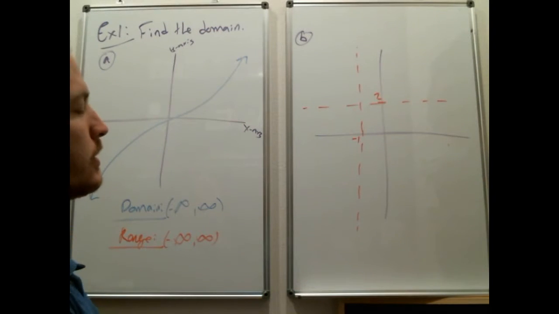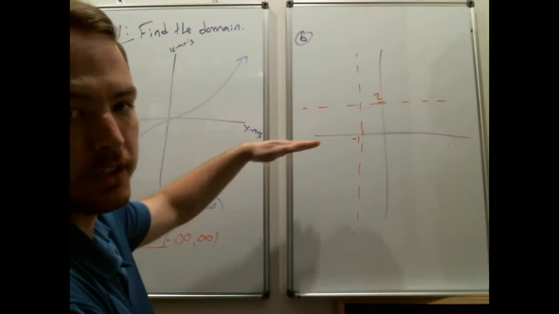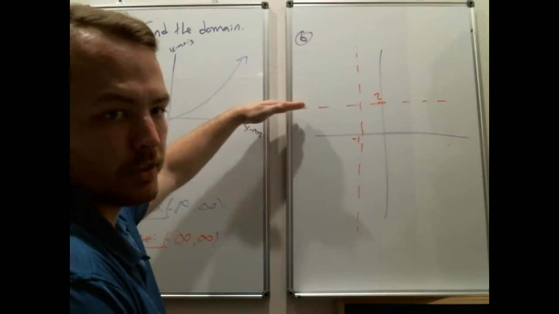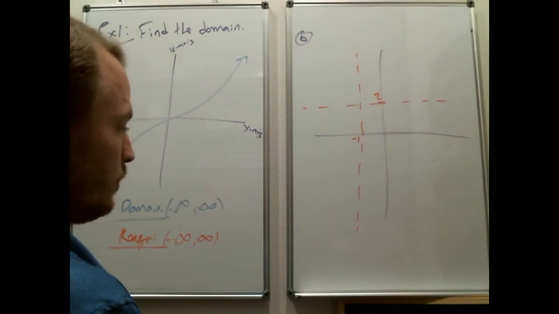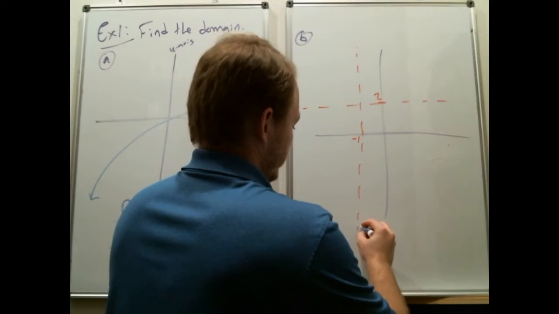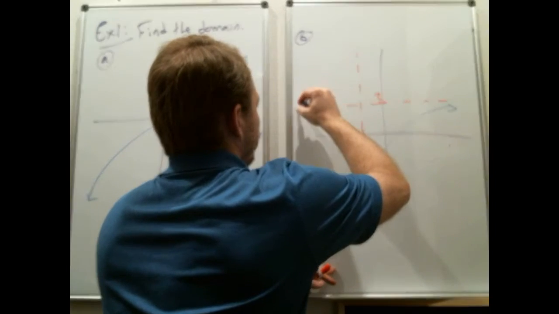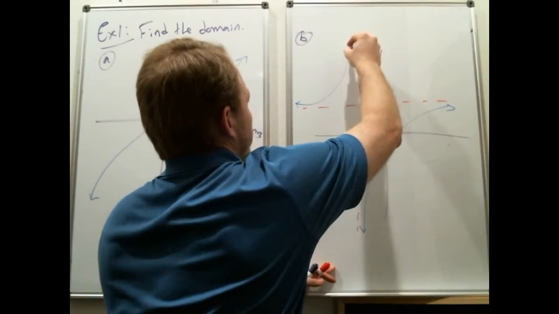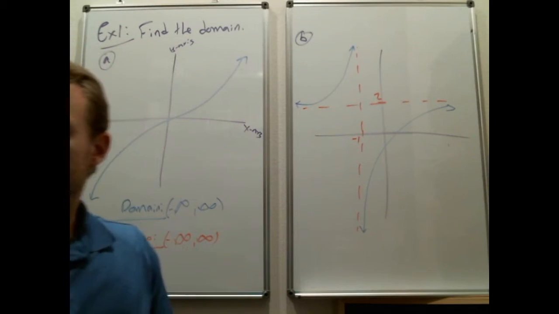Dashed lines. This is a vertical asymptote, and this is a horizontal asymptote. So our graph will never touch those dashed lines. So you could have something like this. And I hope you can see this, the colors at least. I think it's all right.